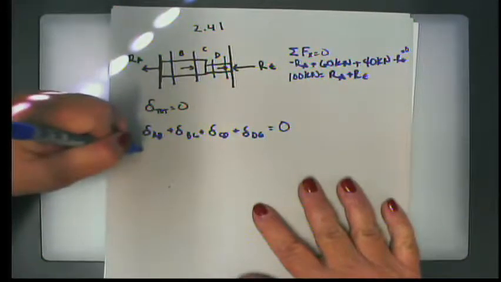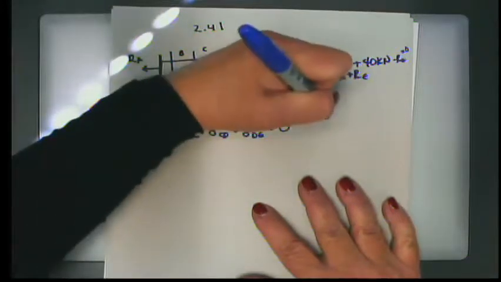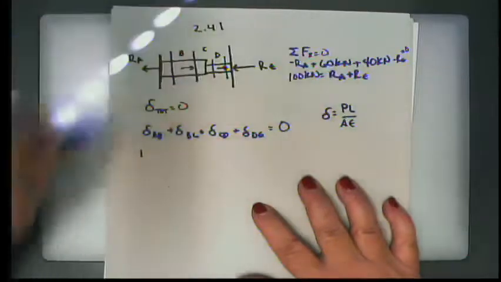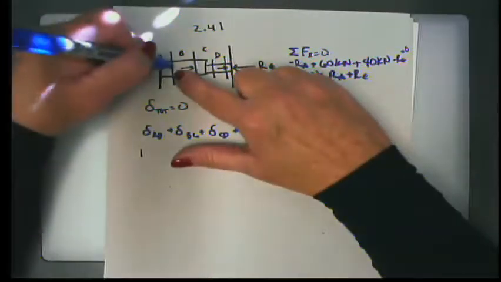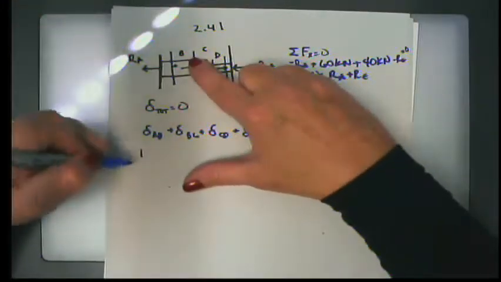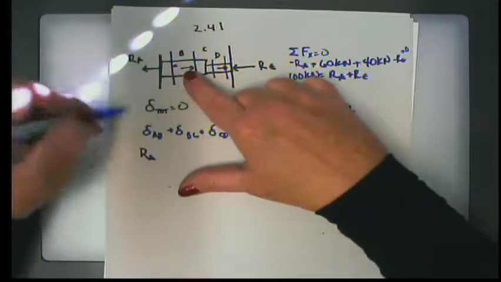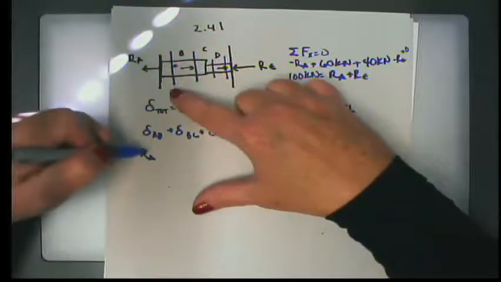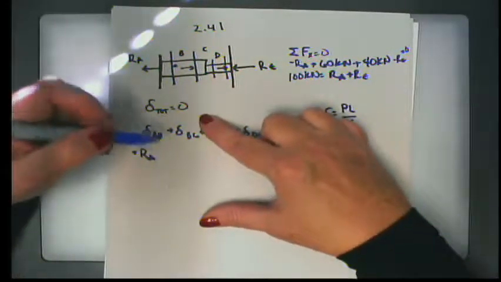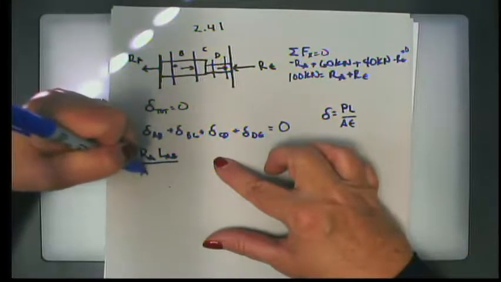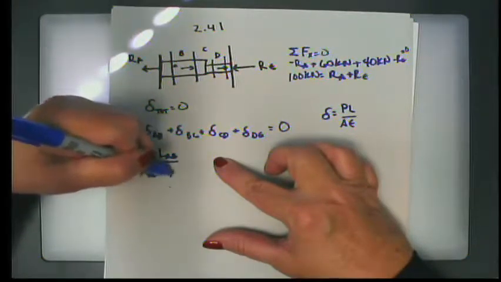We know that del is always equal to, not always, but when we're talking about forces, it's PL over AE. So if I do a cutaway here between A and B, my force is going to be R sub A, and it's in tension, so that's positive. R sub A times the length from A to B over the area of that rod, AC, times E of AC.